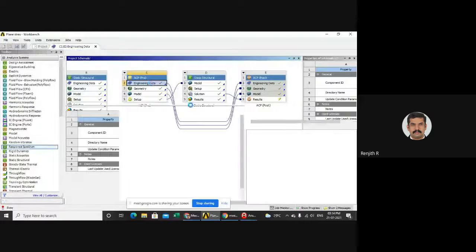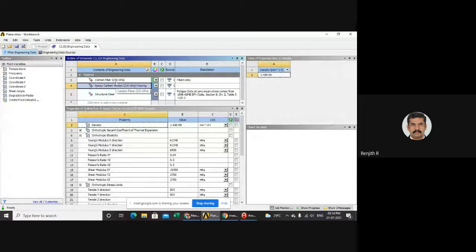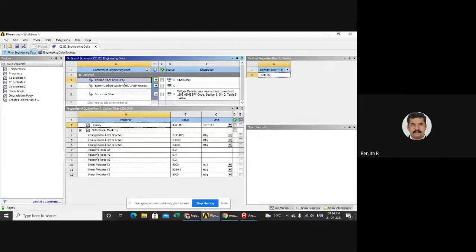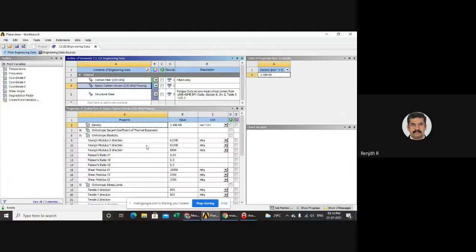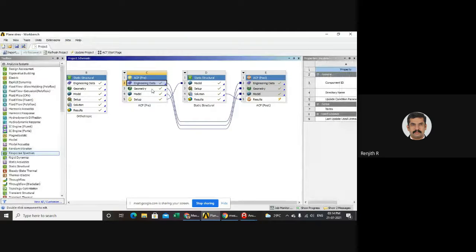And if you open engineering data, there is nothing much different between the previous analysis and this analysis. You can see the same materials. Structural steel is supplied, carbon fiber is applied, and two carbon fibers are there. One is without the failure criteria, the other with the failure criteria information. And if you open the geometry, it is also a similar geometry.